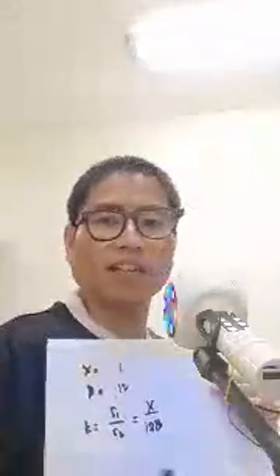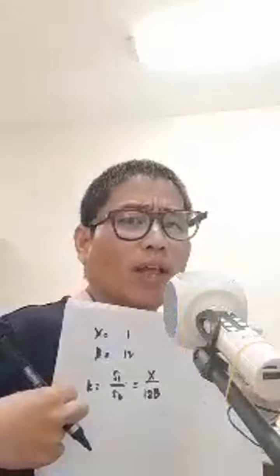Okay? So you will use this expression in your computation: K is equal to X over 12B. So X, S1 solubility 1, is what we called unknown. The S2 is what we called 12 times that B of trichloromethane. So it is X over 12B.